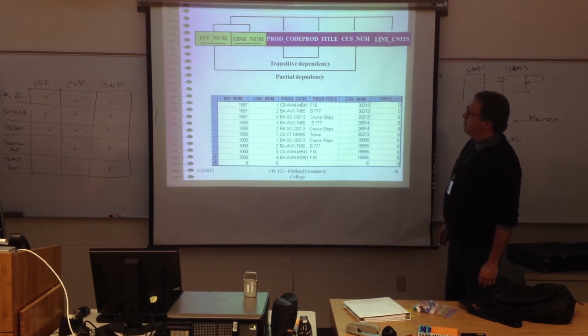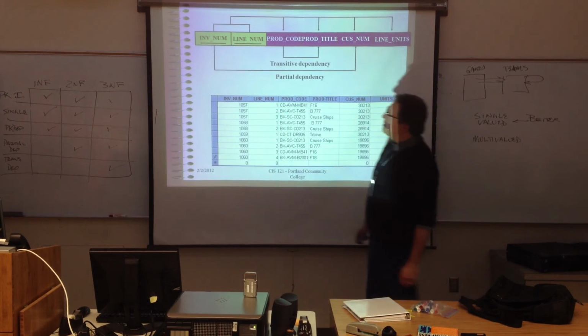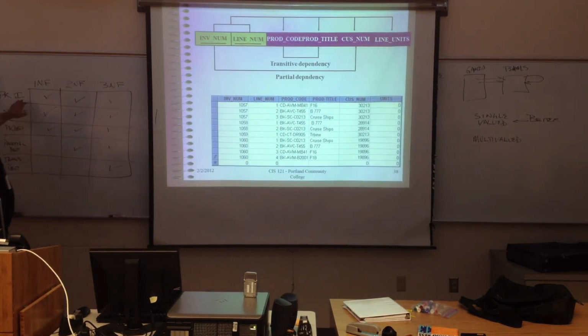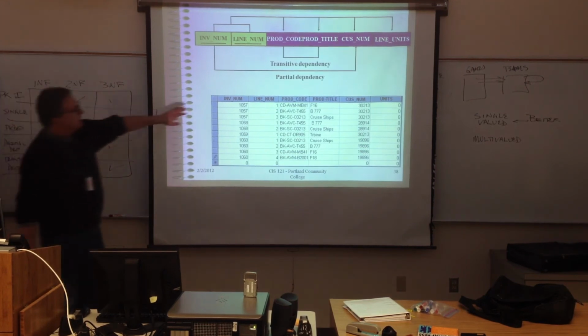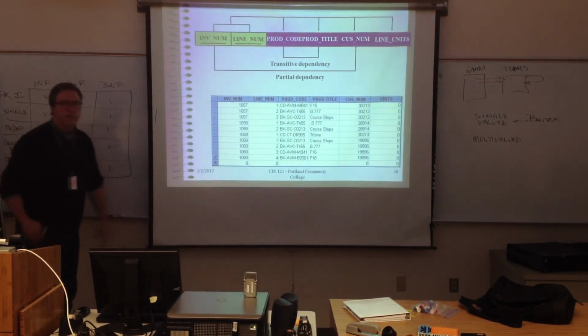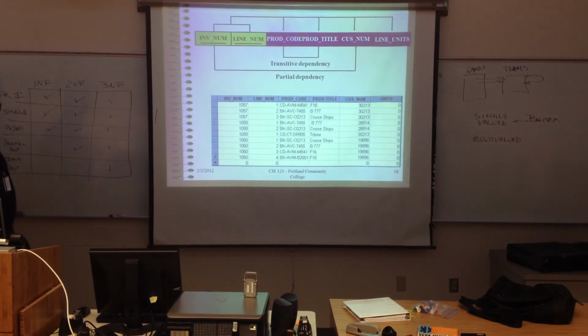This has all three problems. So let's see, does it have primary key integrity? Yeah, it does. This composite primary key uniquely identifies a line item. Does it have single valued attributes? Yes, it does.